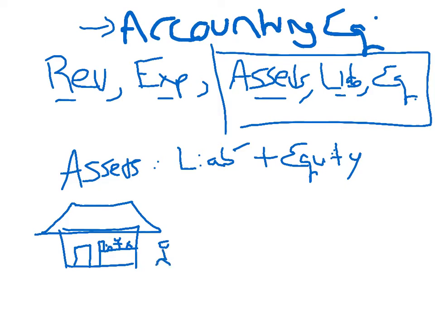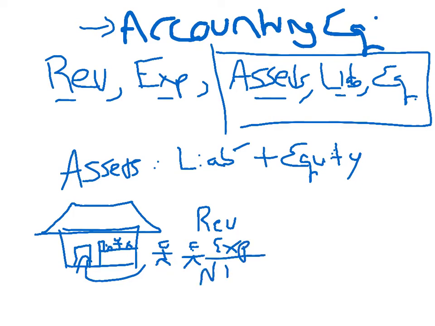All these people come running in because they want a cup of coffee. When that money comes in, that is a form of revenues. But all the money we had to pay to get those revenues are expenses. Take all those away, we get our net income.